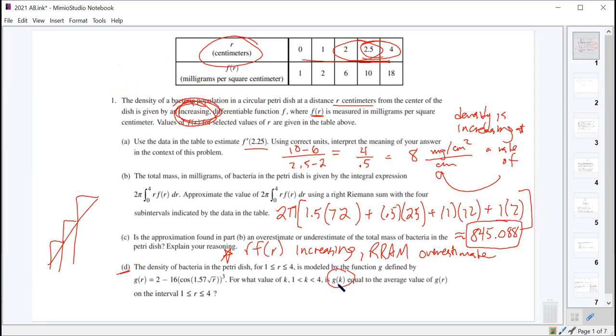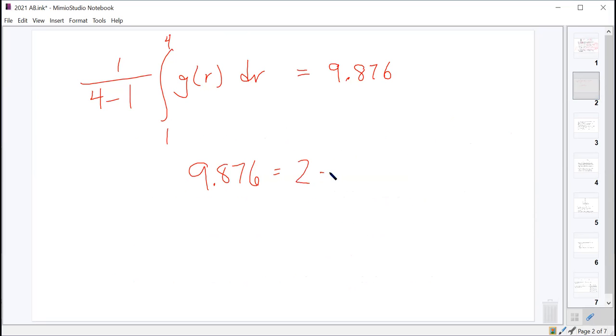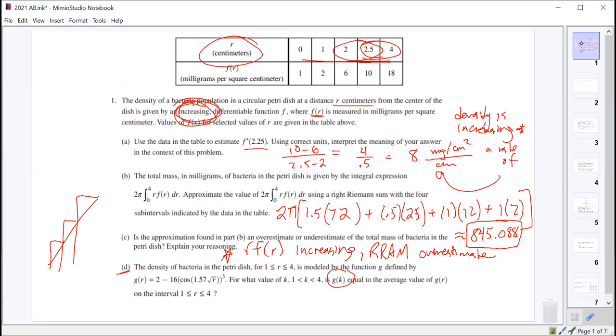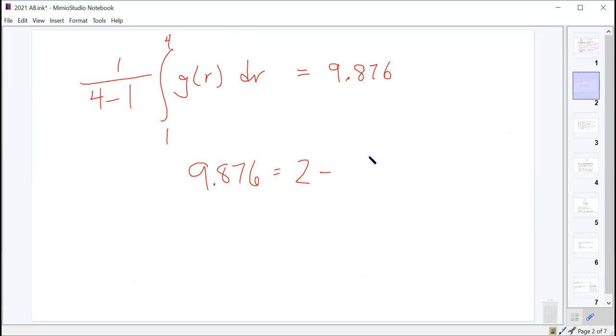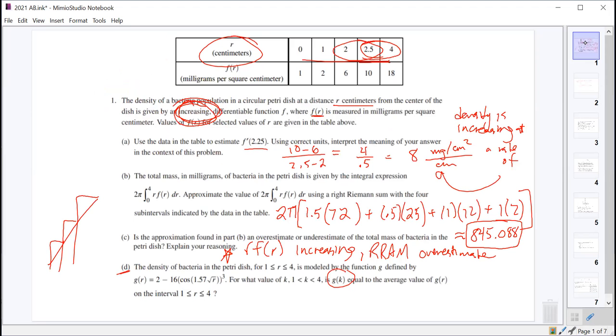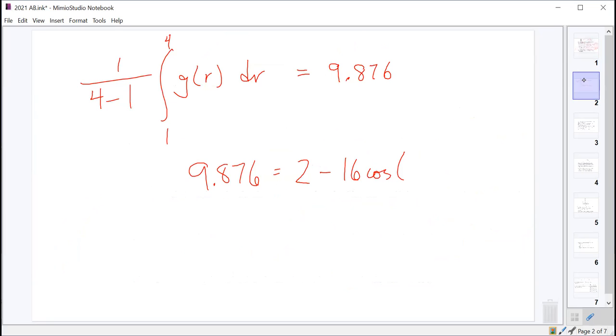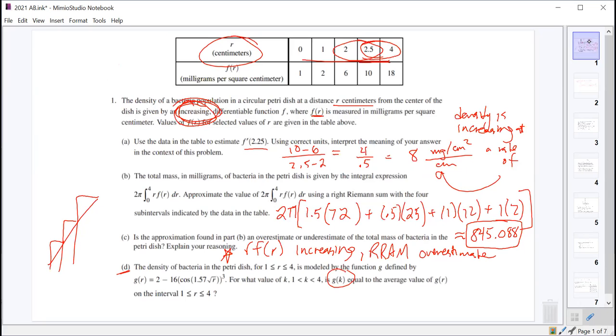We want to know when is g equal to the average value of g. So set 9.876 equal to 2.2 minus 16 cosine of 1.57 square root r, cubed.